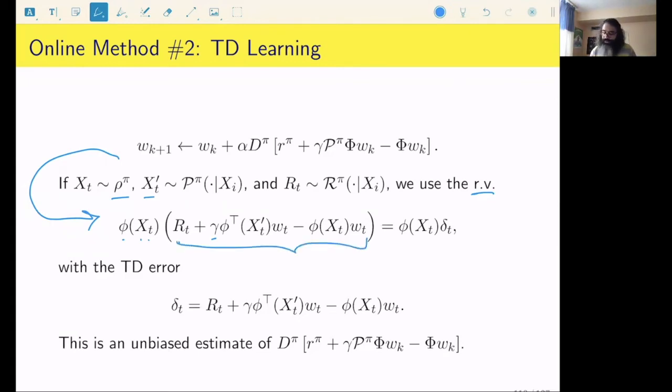This would be an unbiased estimate of the quantity above.